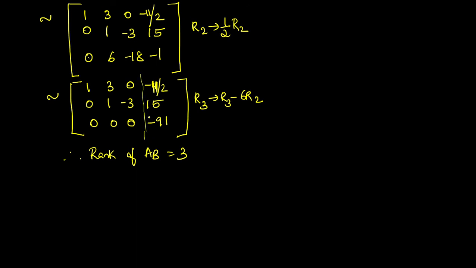Then we can see that the reduced matrix contains 2 non-zero rows. Therefore, rank of A equal to 2. Since rank of AB is not equal to rank of A, the system is inconsistent.